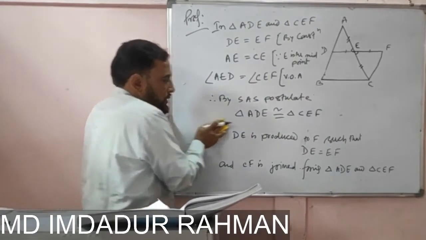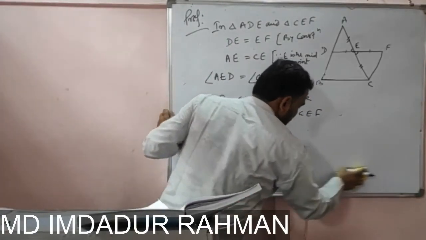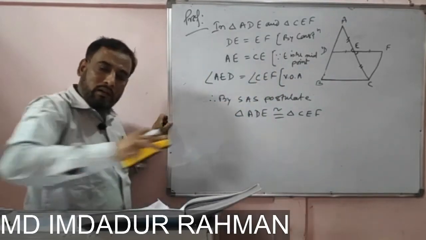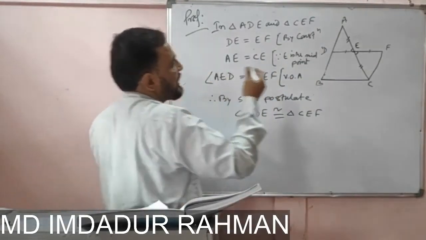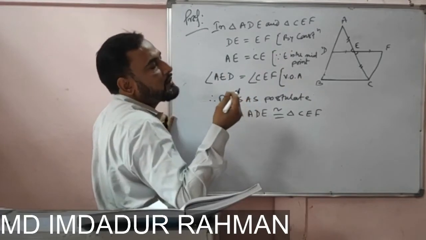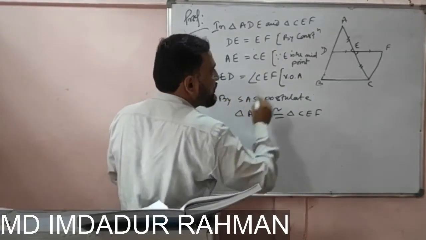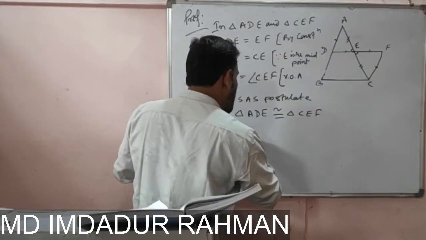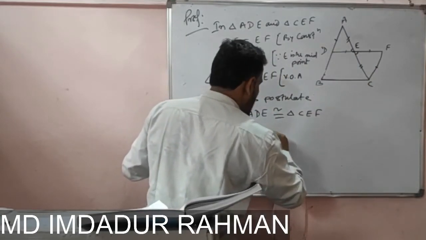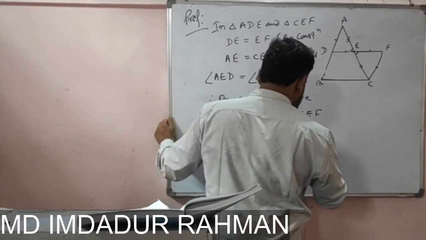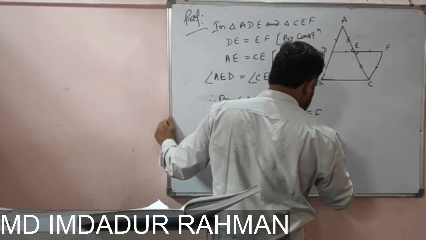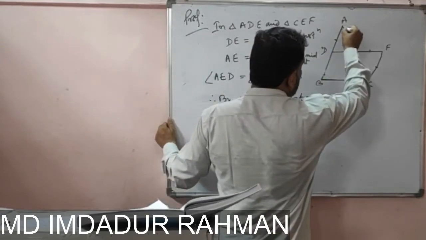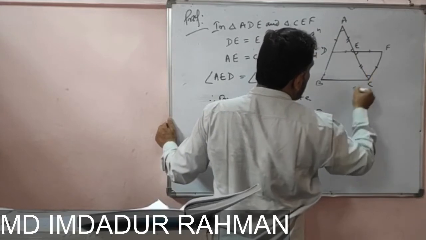So we showed that these two triangles we got earlier are congruent. After congruency, we will get something. What are we getting? Therefore, the third side, this AD, is equal to CF, since they are the third sides, and this angle is equal to this angle.